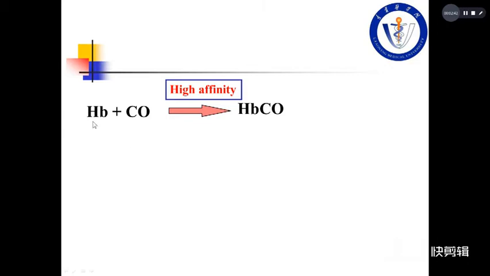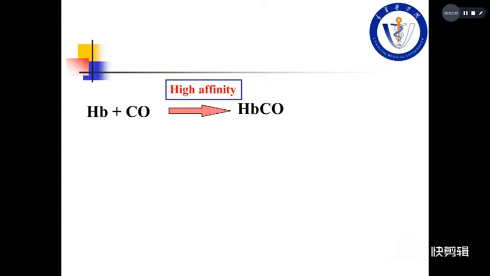Now, if carbon monoxide is inhaled, it can move into the capillary blood. Now hemoglobin can combine with carbon monoxide and form carboxyhemoglobin.